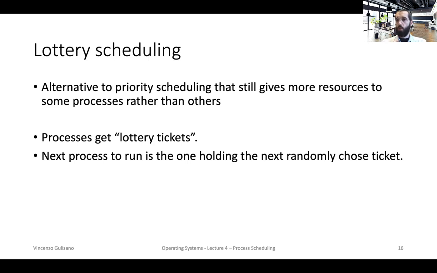It's not a specific number. You just get a certain number of tickets. And to decide which is the next process that should run, the operating system will choose a random ticket, and who has the ticket is the one that gets access to the CPU.